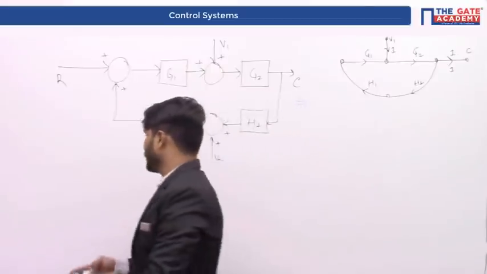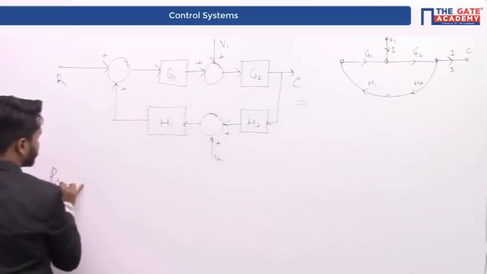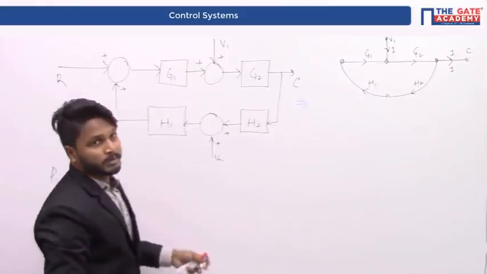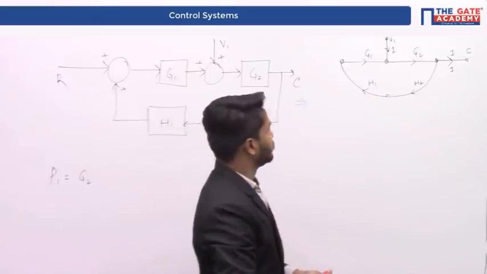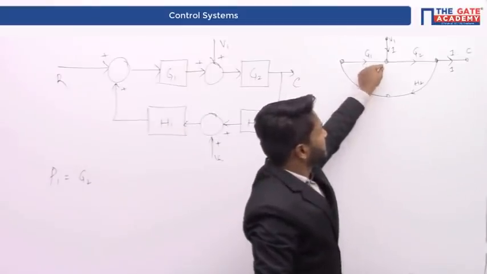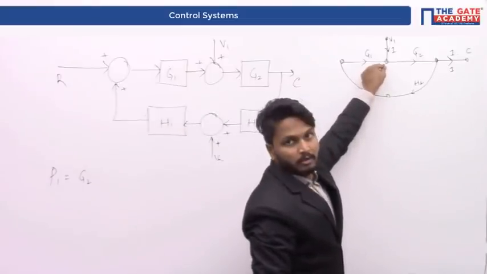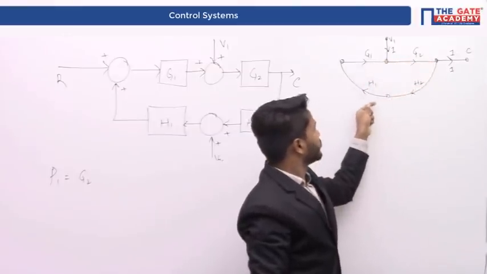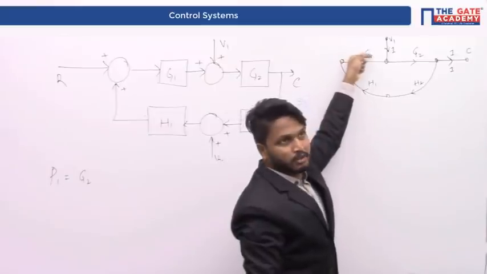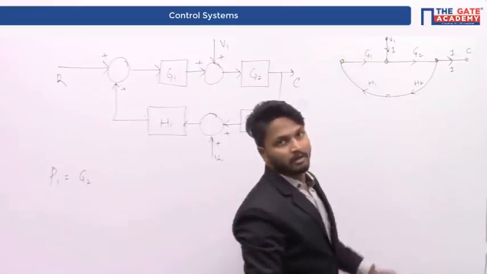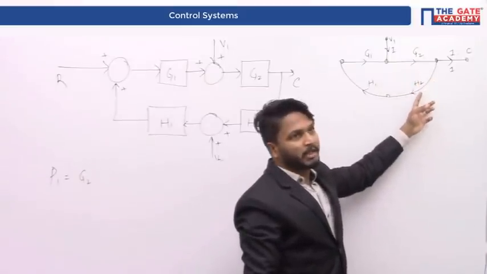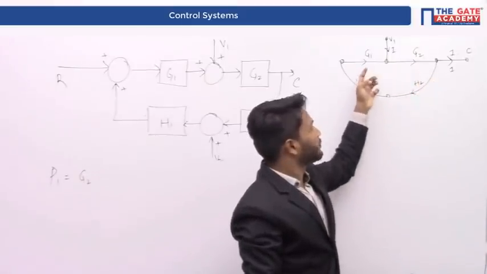Therefore, P1 will be equal to G2. So, how many loops are there? There is only one loop yet. So, let us say the loop starts at this particular node, passes through G2, passes through H2, passes through H1 and passes through G1 and ends at this particular node. Therefore, only one loop, that is G2 multiplied by H2 multiplied by H1 multiplied by G1.